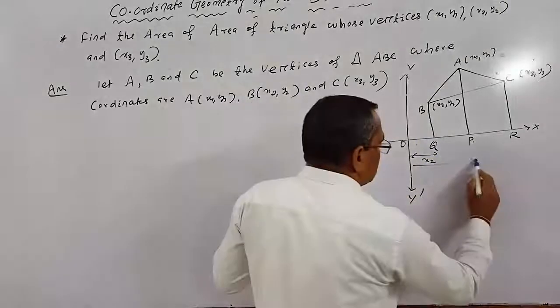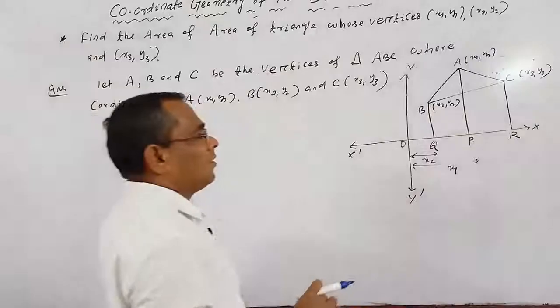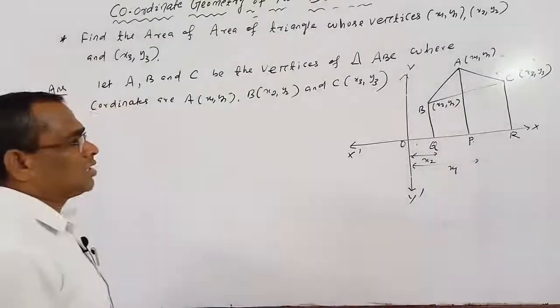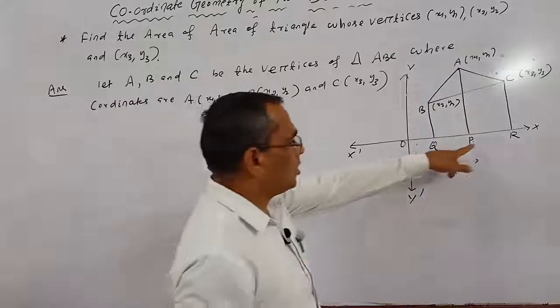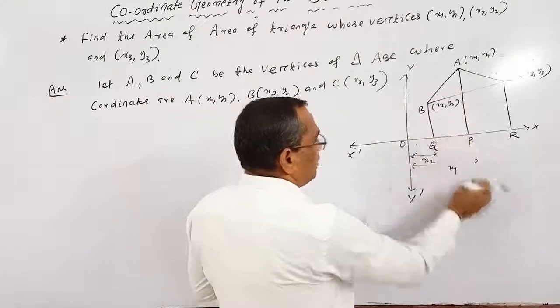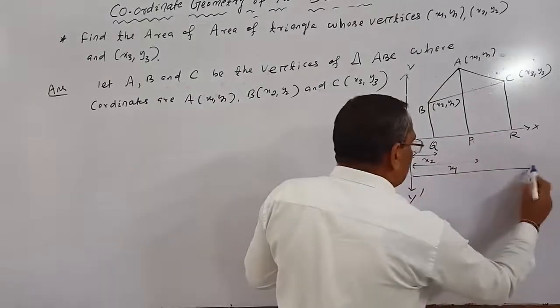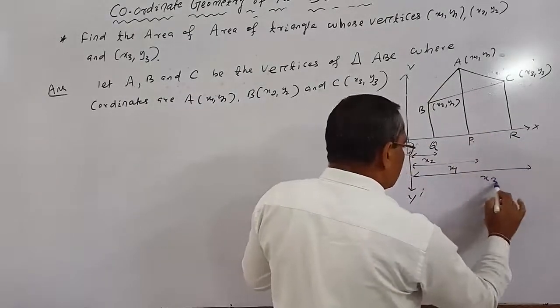And the coordinate of A is (x1, y1), whose x coordinate is x1, meaning the coordinate of P is (x1, 0). That's why its distance is x1, and the distance from origin to R is x3.